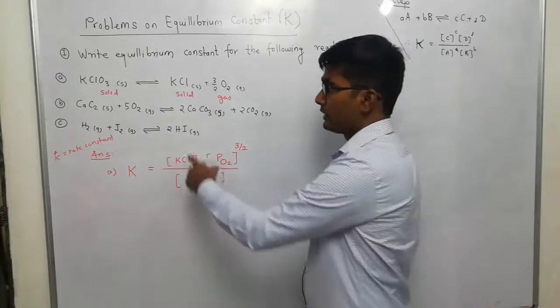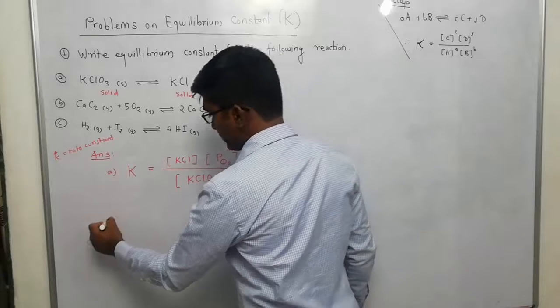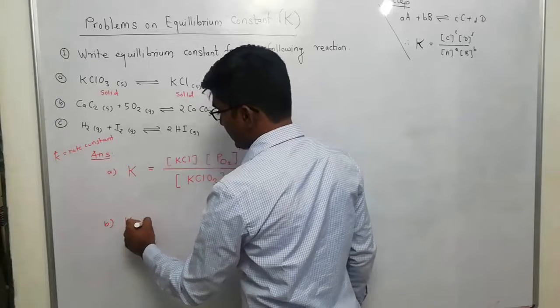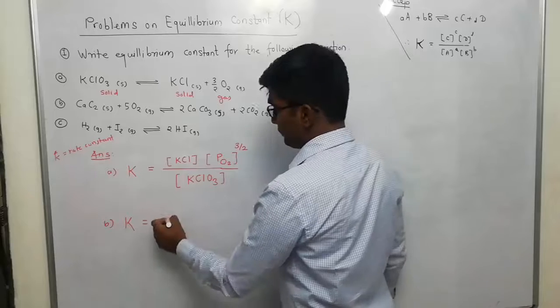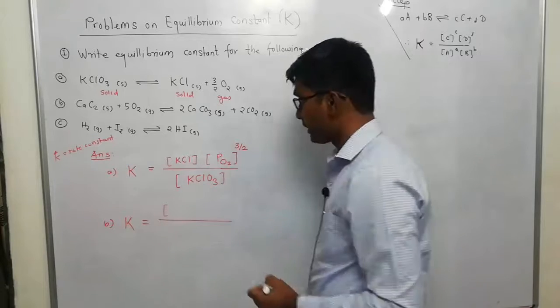Let us see problem number 2, calcium carbide. The equilibrium constant capital K is equal to the concentration of products divided by the concentration of reactants.